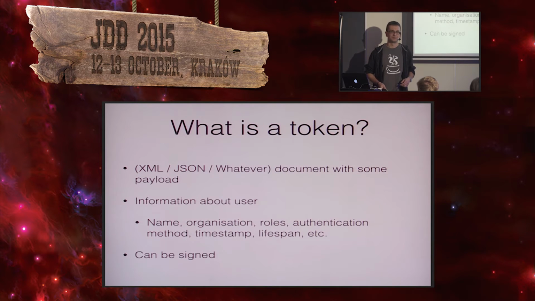This is the very same in the digital world. A token in the digital world is a document in some format, having some payload: information about us, our organization, the roles we have, the authentication mechanism we used to authenticate, when this happened, and so on.